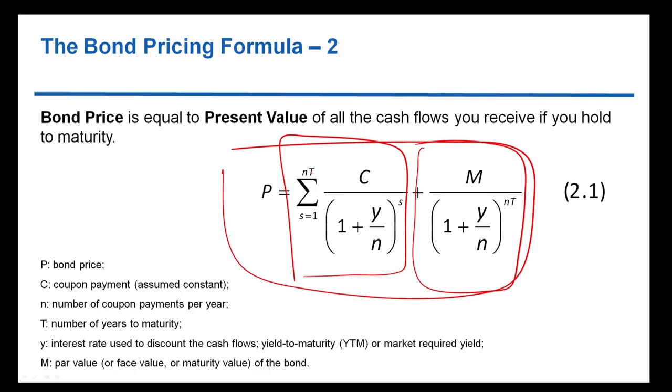Big T is the number of years to maturity. Then we have little y, which is the interest rate used to discount the cash flows. It is also called yield to maturity or market required yield. We'll come back to that later on. And finally, M is the par value or face value or maturity value of the bond.